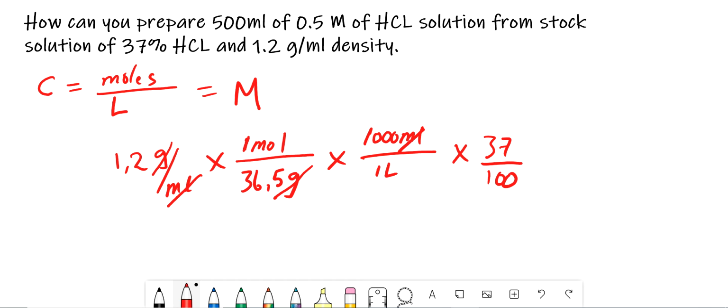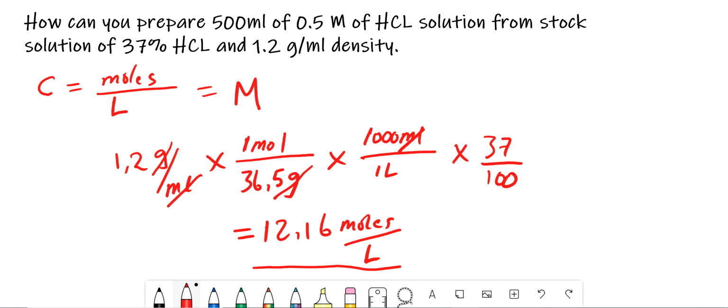Okay, so then this will be equal to 12.16 moles per liter, denoted with big letter M. Okay, so this is the concentration of your stock solution.